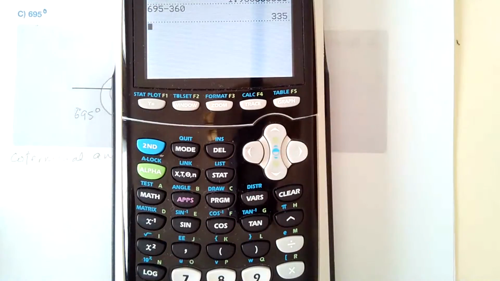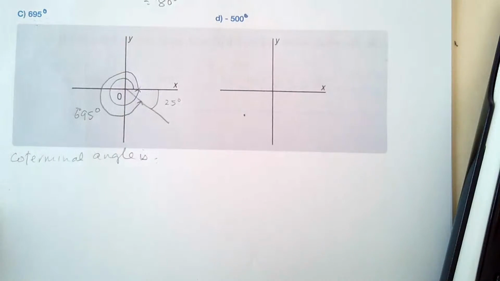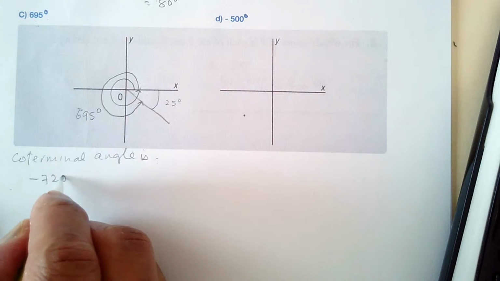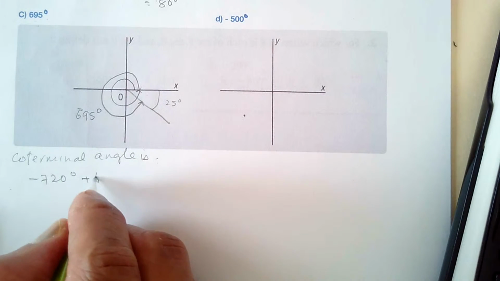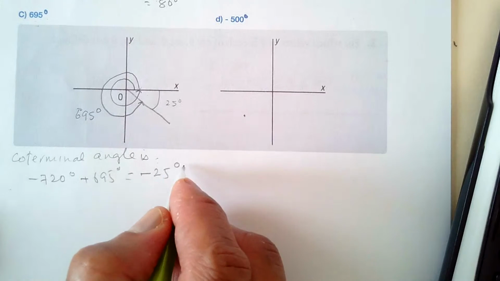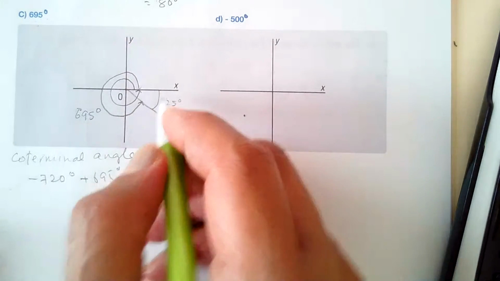What would that give us? 360 times 2 is 720. So the coterminal is negative 720 degrees plus 695 degrees, equal to negative 25. But the reference angle is 25 degrees.